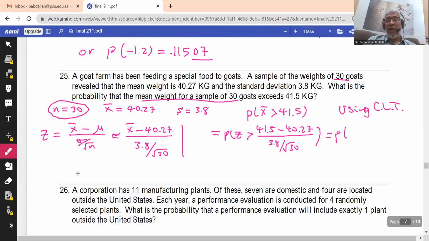And if I use the calculator, and round to 2 decimal places, this would be the probability of Z greater than 1.77. If you go to the table, to find the probability of greater than, it is 0.5 minus the probability that Z is between 0 and 1.77.